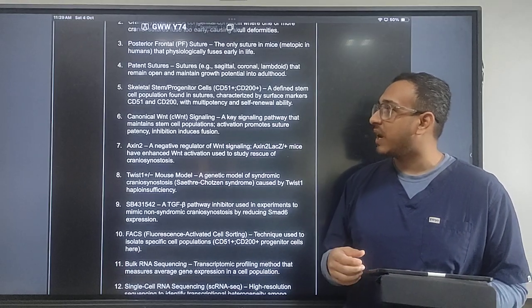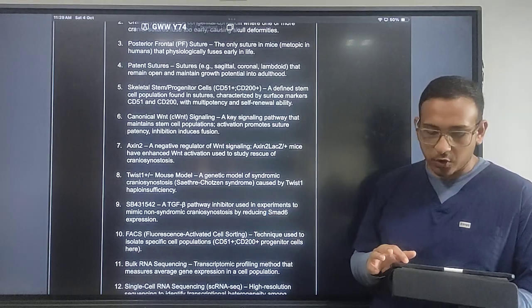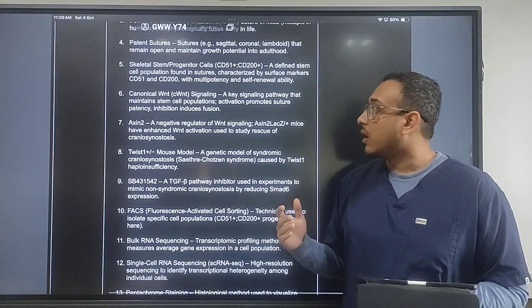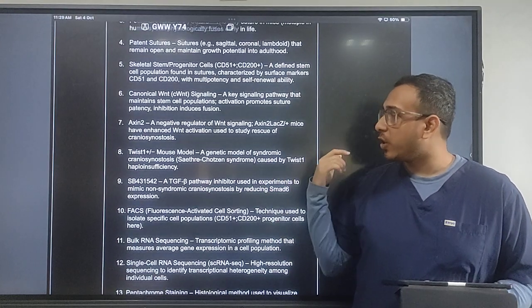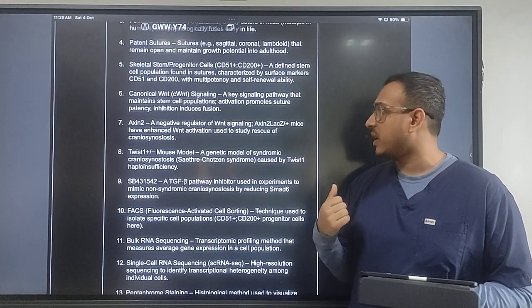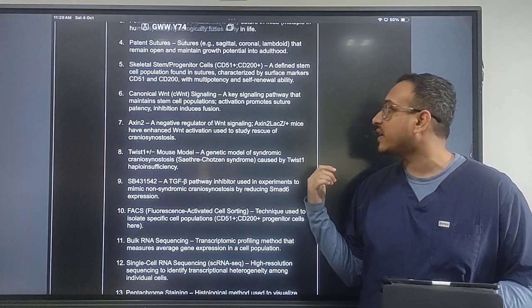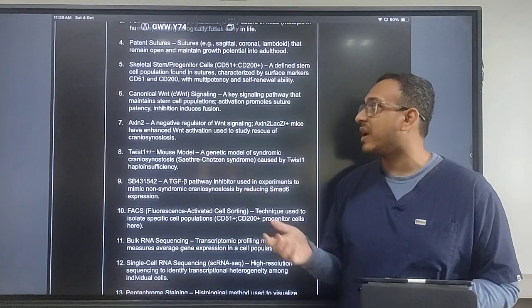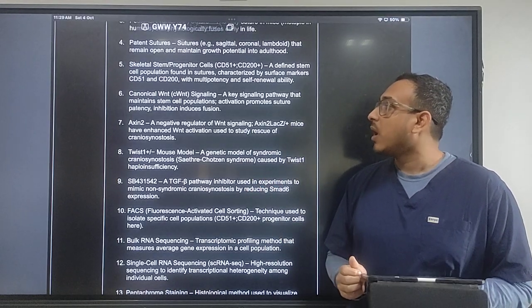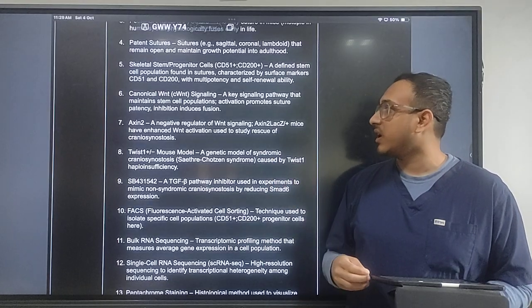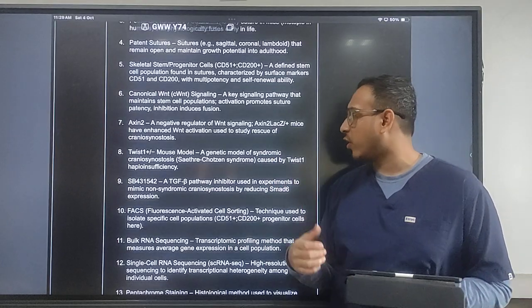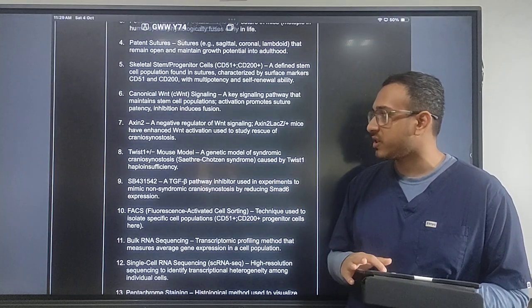Activation promotes suture patency, inhibition induces fusion. Axin2 is a negative regulator of WNT signaling. The Axin2 LacZ plus mice have enhanced WNT activation, so they were used in this study for rescue of craniosynostosis.